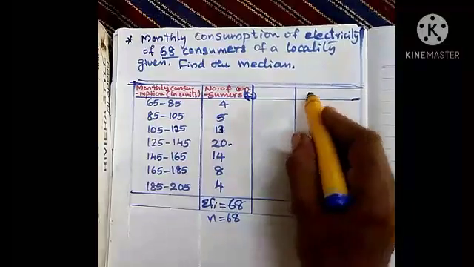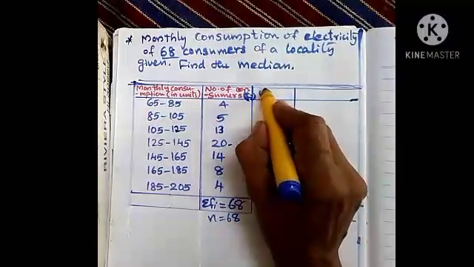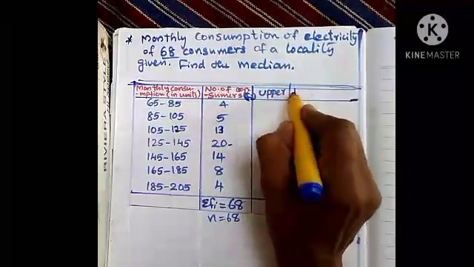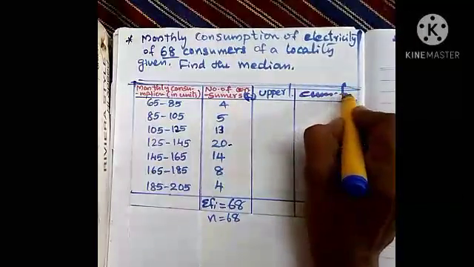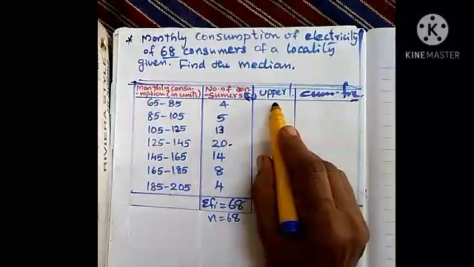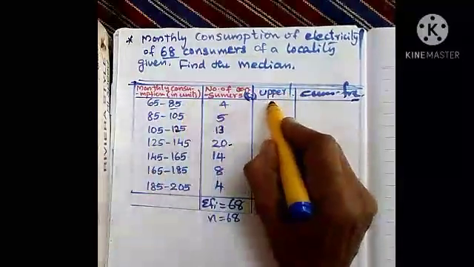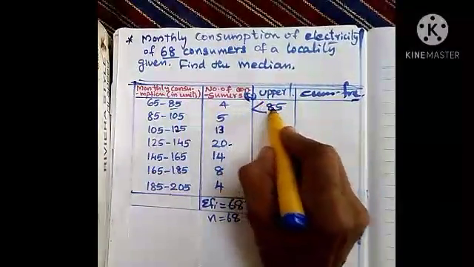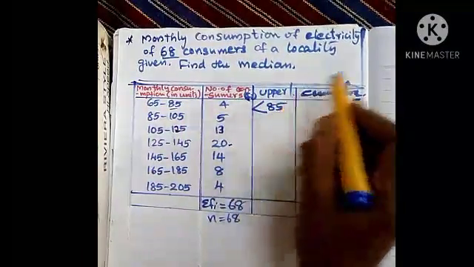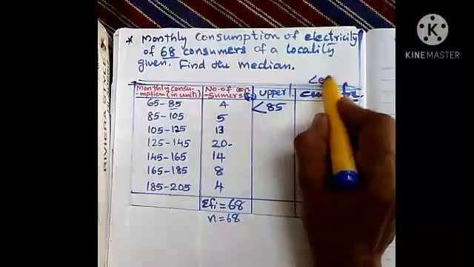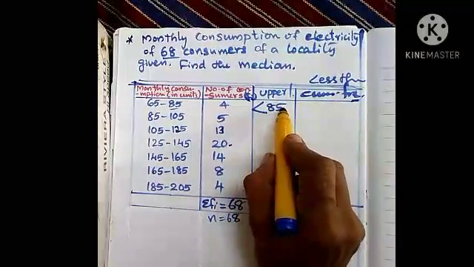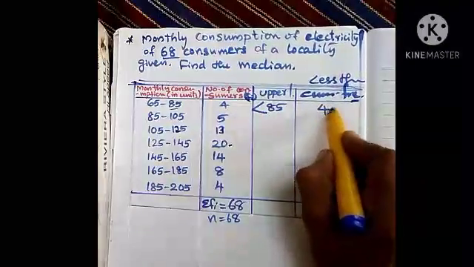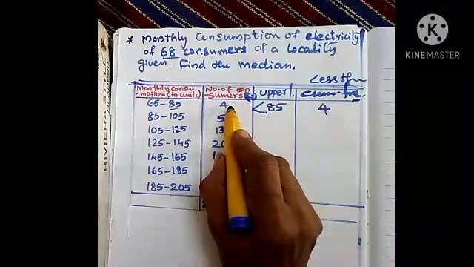For the cumulative frequency distribution, you have to select the upper limits and also this cumulative frequency column. Here the upper limit 85 means less than 85. We are selecting less than cumulative frequency. For less than 85, 4 consumers are there.